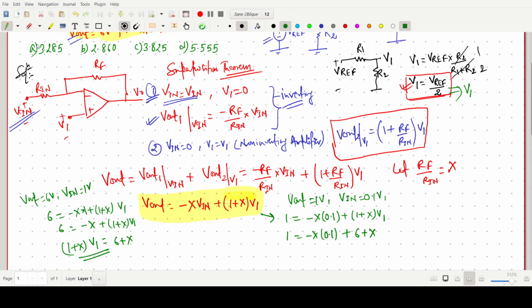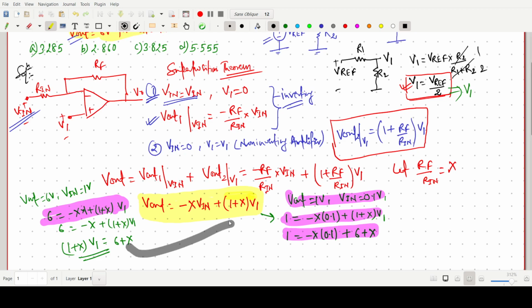Now we have two equations, one is the condition and this one is the equation. So we can write 1 equals minus X times 0.1 plus 6 plus X, since we have already put in the value of 1 plus X times V1.